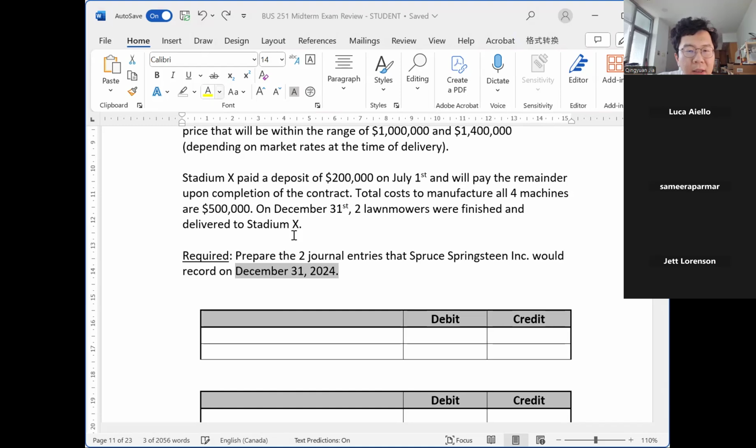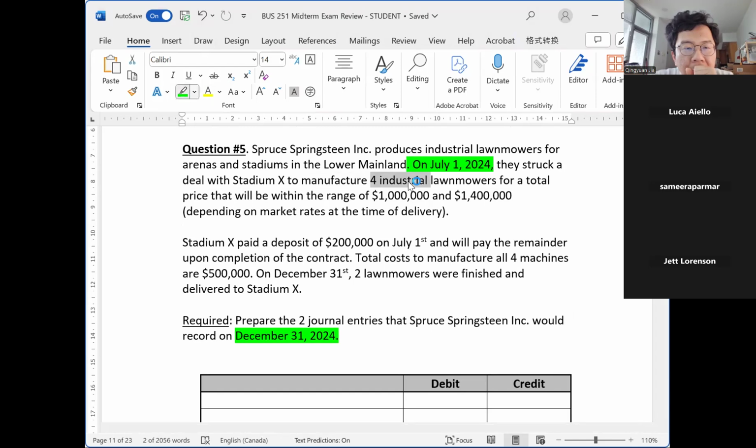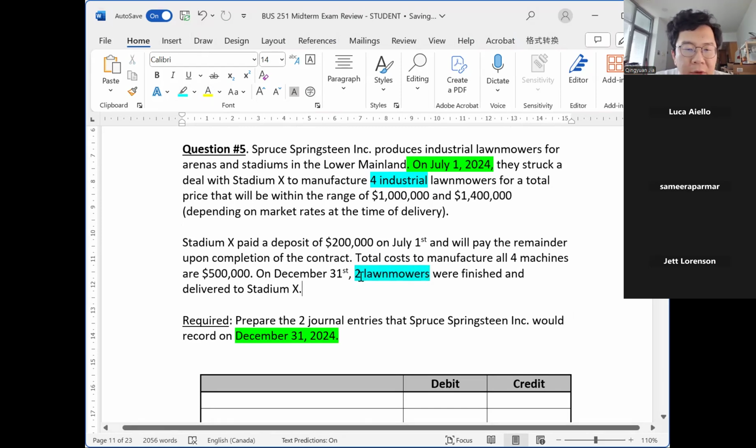I highlight the date here, and this is the middle of the year. Four industry lawn mowers, and two lawn mowers were finished and delivered. It's half, which is 50%.